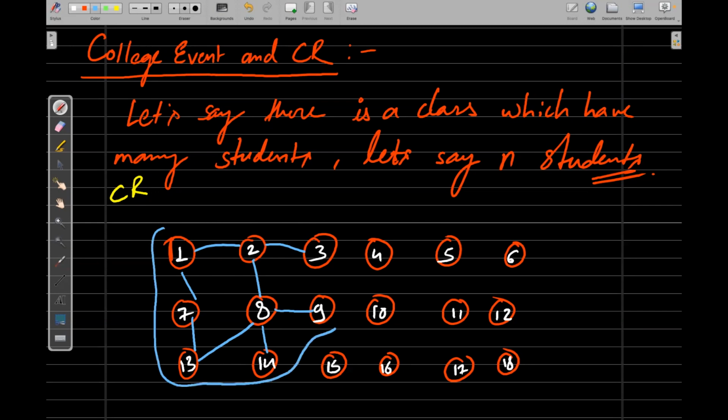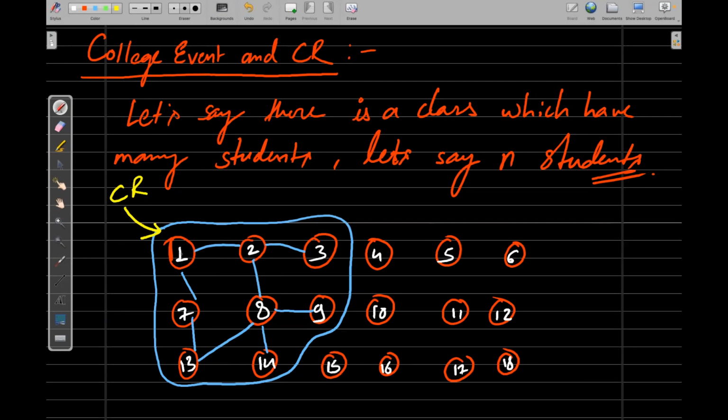if this is a group of friends, a friend circle, where these people are friends with each other, then what the CR needs to do is he just needs to tell any one person, any one of these friends. Okay, and what will happen then?